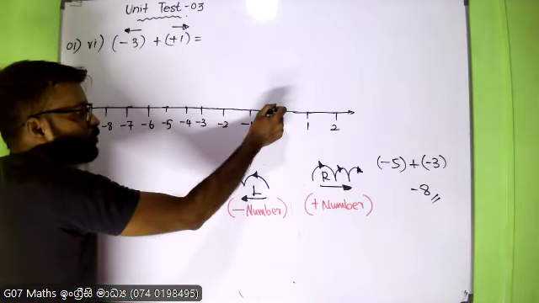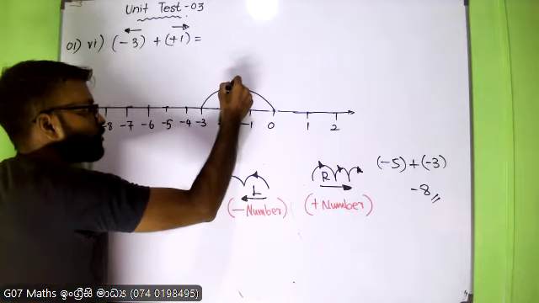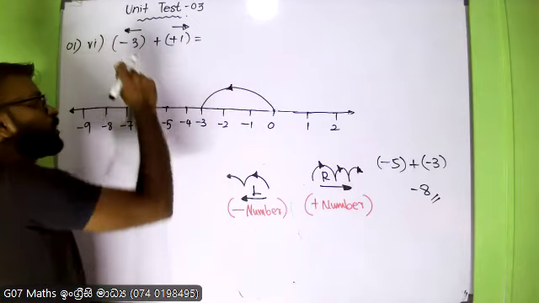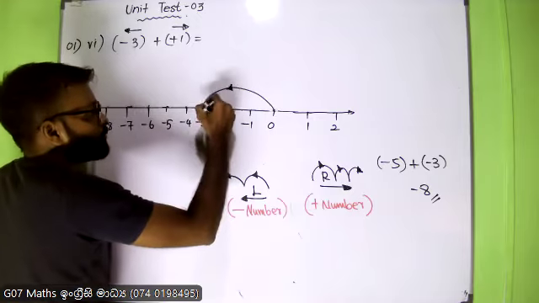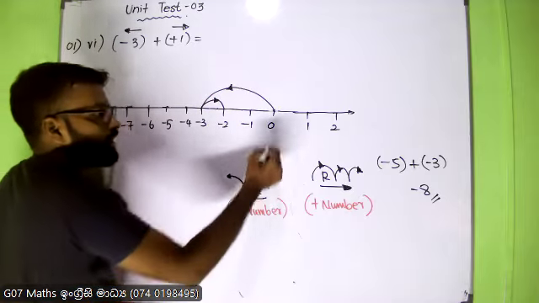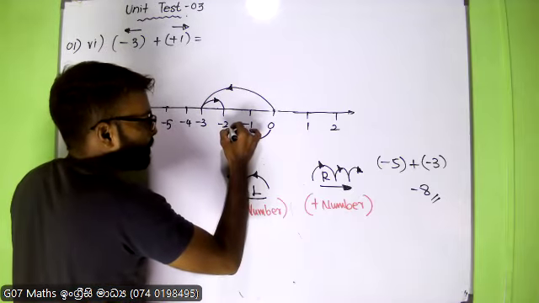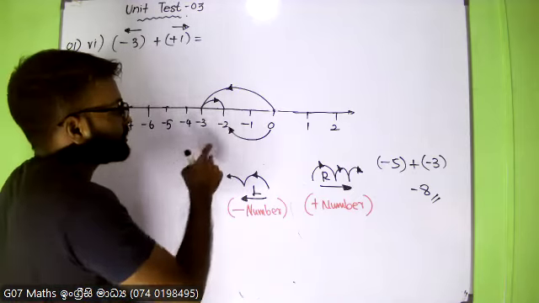From 0 to negative 3, you have to go first to your left-hand side. Then to the right-hand side, you have to jump one time. So your final answer is this, negative 2.